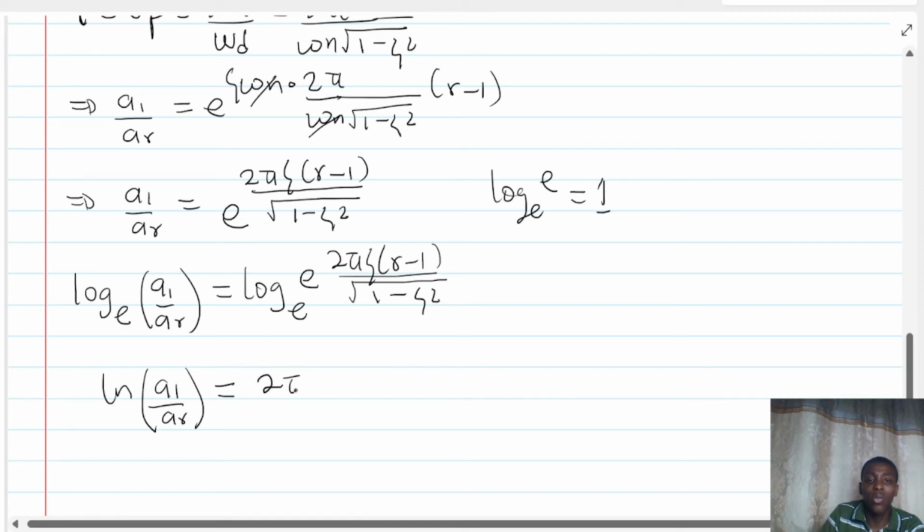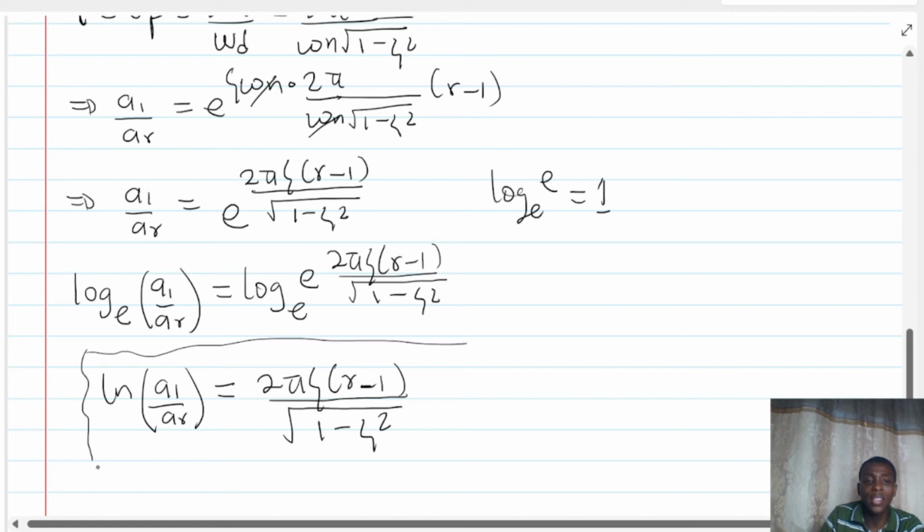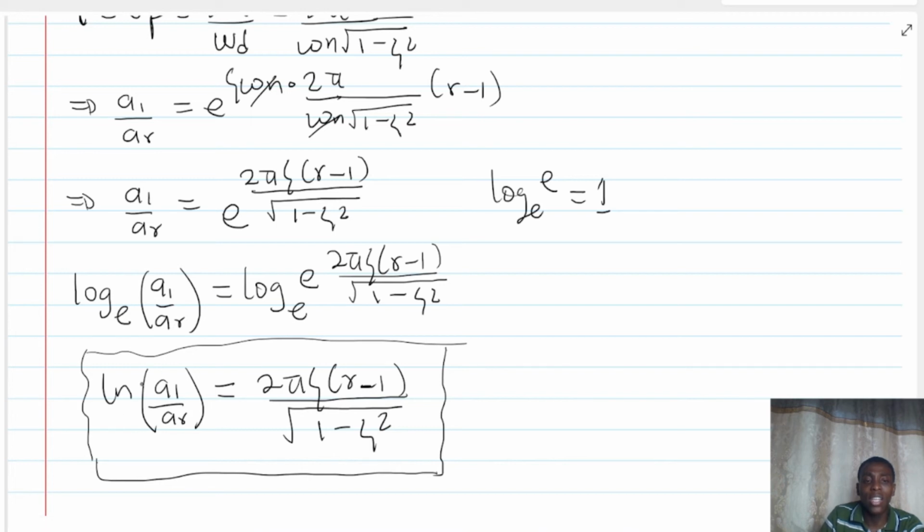And in fact, we have gotten a very important formula here. This formula is telling us that as I move from the first amplitude to the second amplitude, there is a decrement. And this decrement is actually a logarithmic profile.